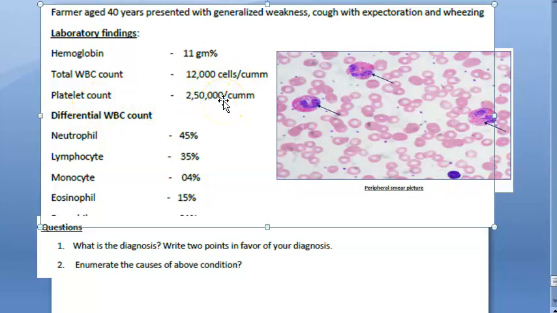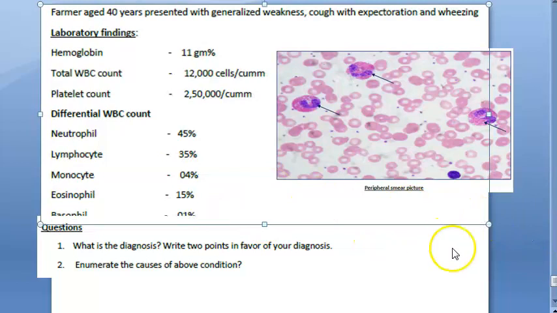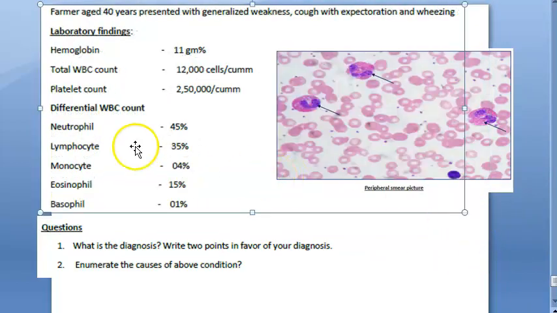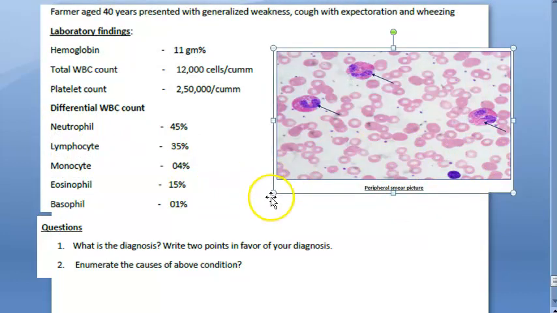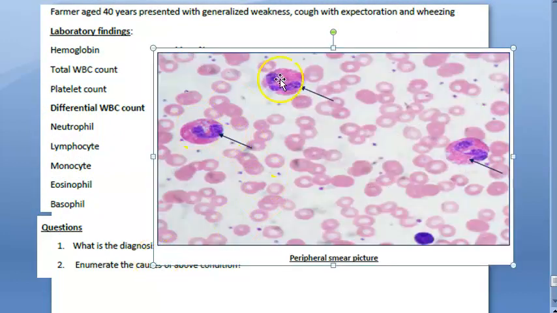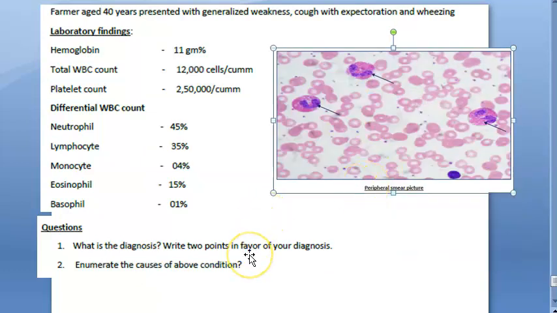Platelet count is normal. Neutrophils are decreased and eosinophils have increased. The peripheral smear shows too many eosinophils. So it is eosinophilia definitely.